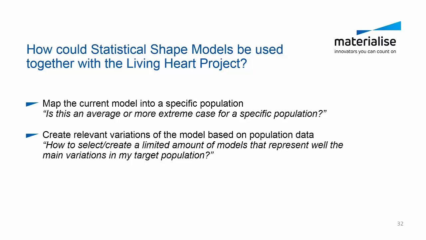For example, how do you create a bench test to really test to the patient population or to your extremes, rather than just testing a single patient or an over-idealized patient.